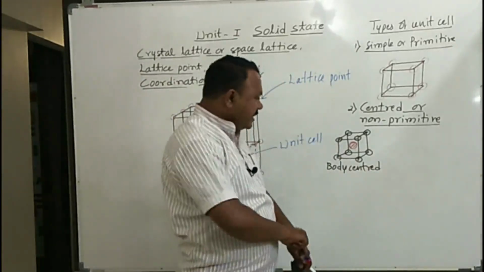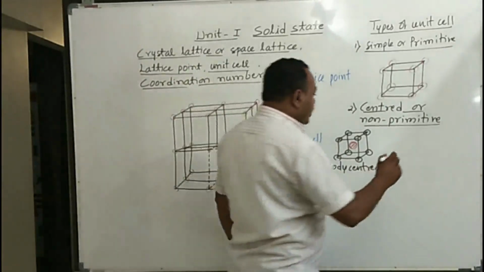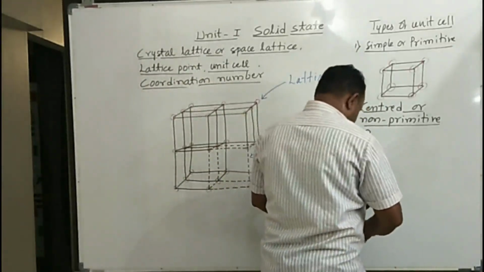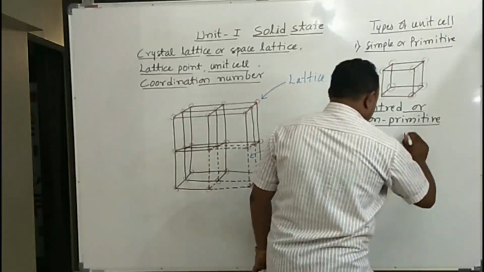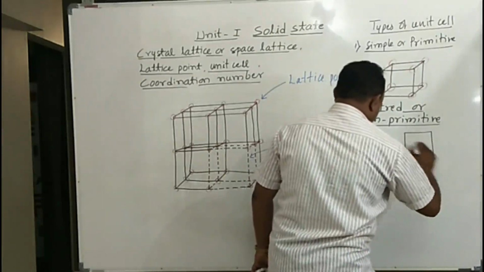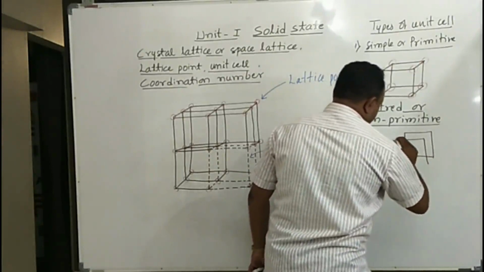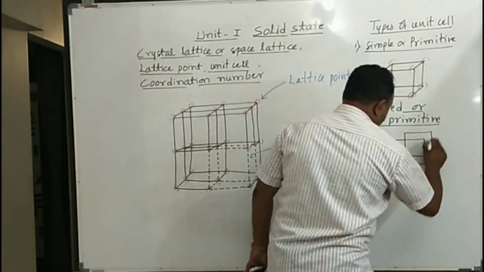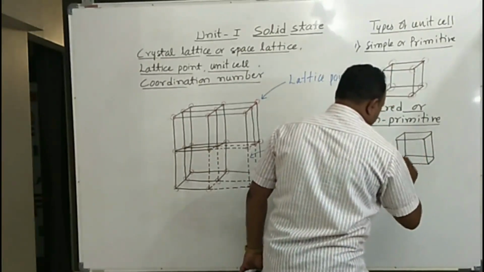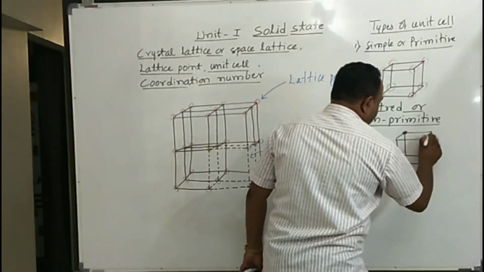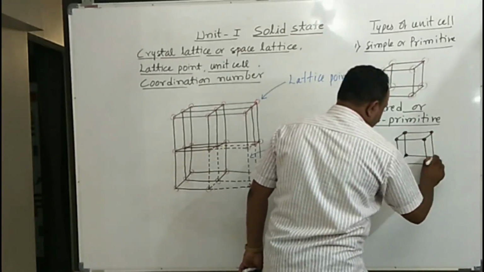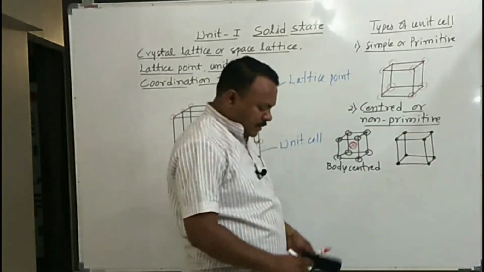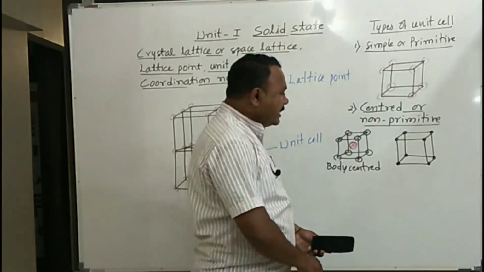Next, we see another centered or the non-primitive unit cell. These are all the corner particles. Now see where the other particles are present.